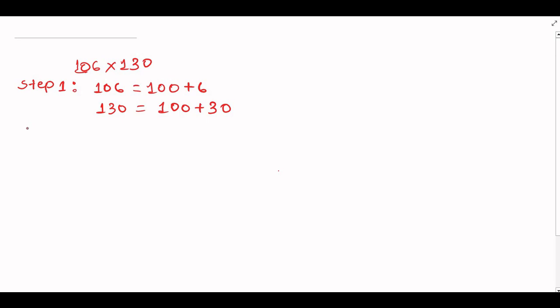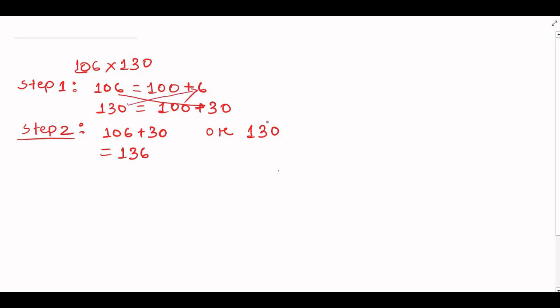Now step 2: with 106 we have to add this 30. 106 plus 30, then we will get 136, or you can do 130 plus this 6, then also we'll get 136.